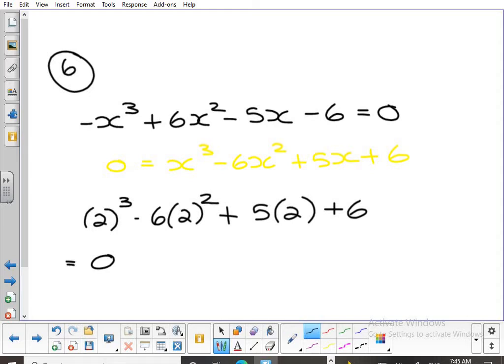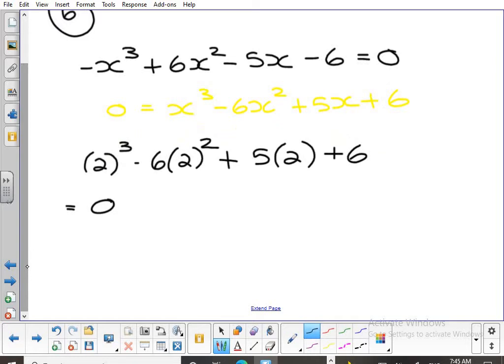And then what's my deduction that I make from that? My deduction then is the following. Therefore, x minus 2, always opposite sign of what you substituted, is a factor. And without this thing, you won't be able to solve the equation.